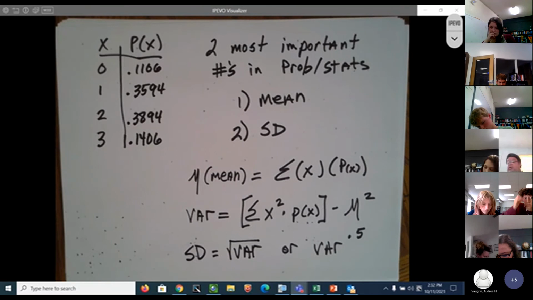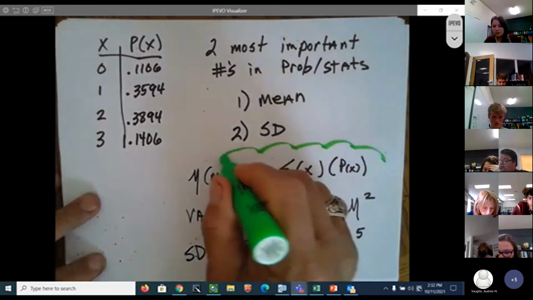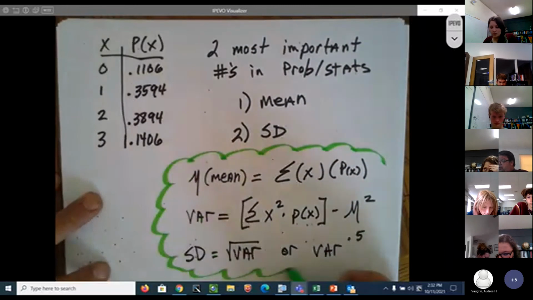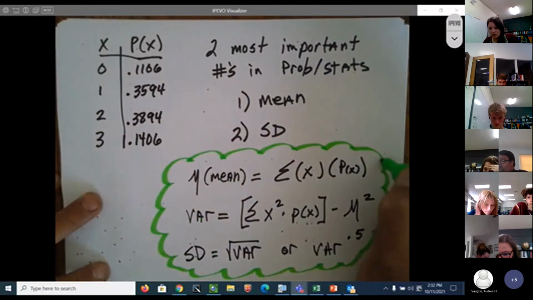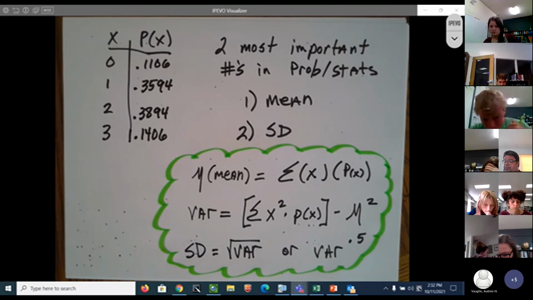So I'm going to take my green highlighter and I'm going to highlight these because these are what's going to make up the rest of the test for 6.1. First of all, you're going to be asked if it's a probability distribution.